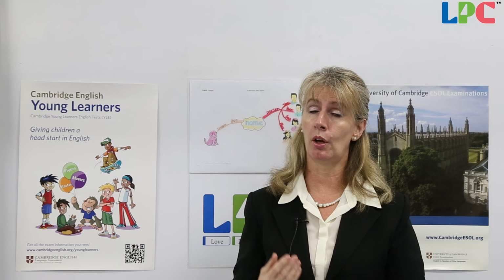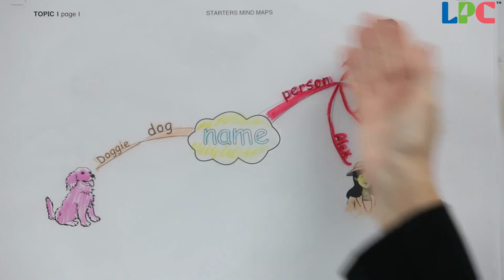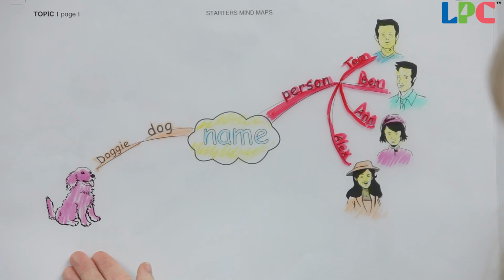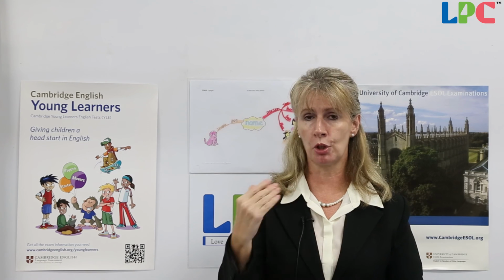So there's a total of 40 mind maps to cover the 20 topics. For topic 1 to topic 6, I have given you every detail in the guided step-by-step mind map. That is, again, from topic 1 to topic 6, so that's 12 mind maps.